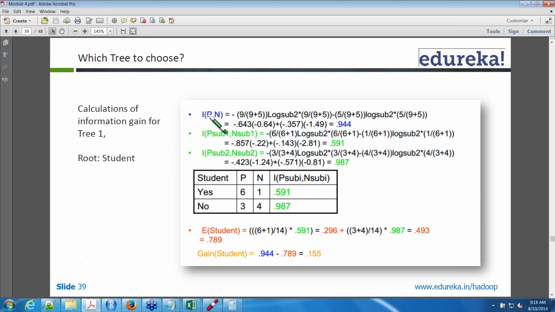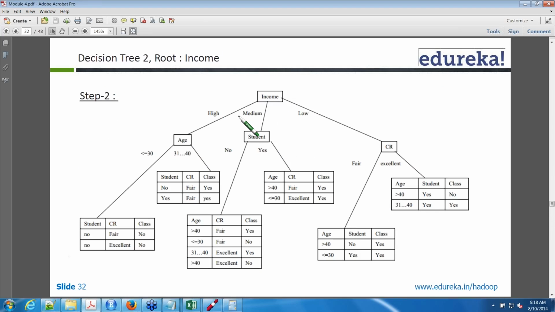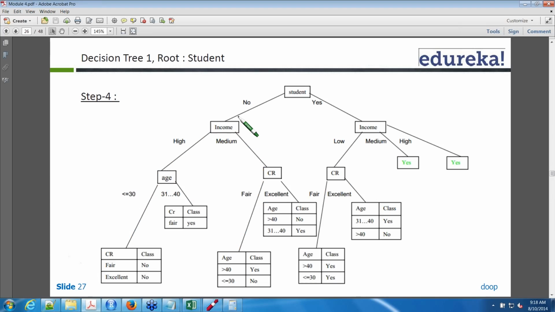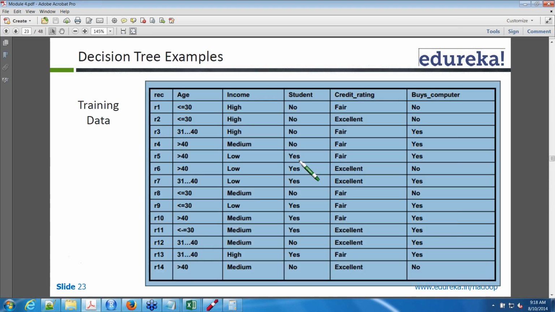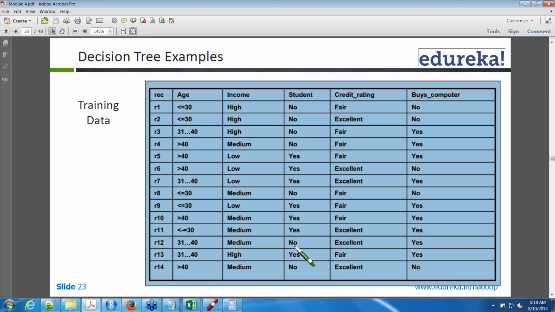So, the information gain theorem for P and N. These are the inputs, where 9 is the number of yes records. We take this result set. So 1, 2, 3, 4, 5, 6, 7, 1, 2, 3.